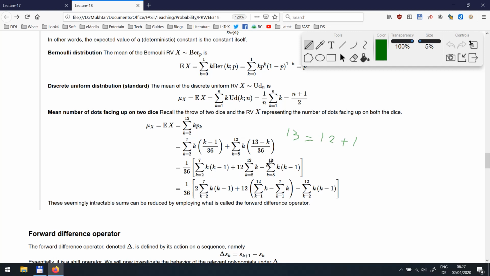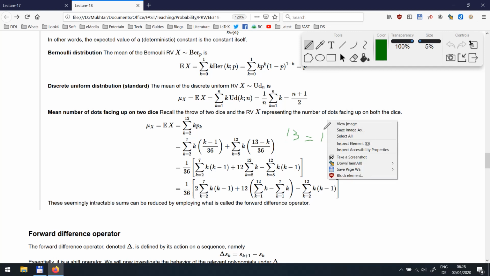You see, now I have two terms. One term, k times k minus 1, summation applied, and another term, k times k minus 1, summation applied. This summation is from 2 to 7, that summation is from 8 to 12, and that is with a minus sign. Now what do we do with that 12?